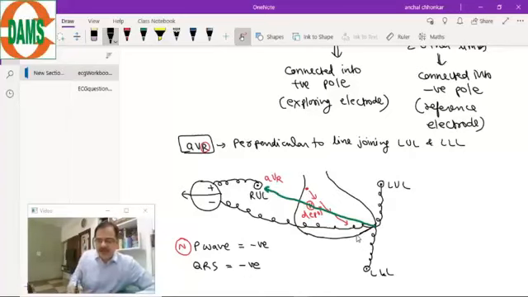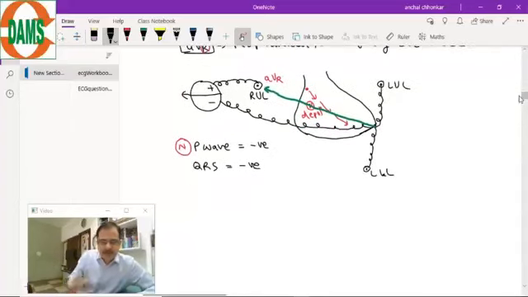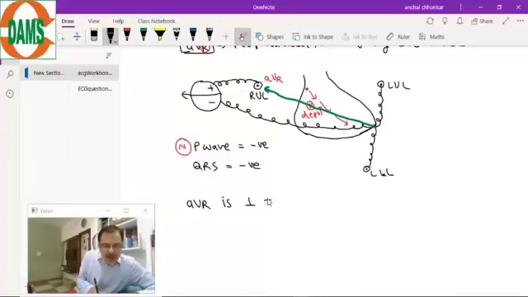Now, the next conceptual question from my side to you is, lead AVR is perpendicular to which bipolar lead?